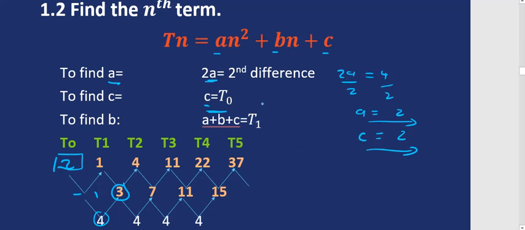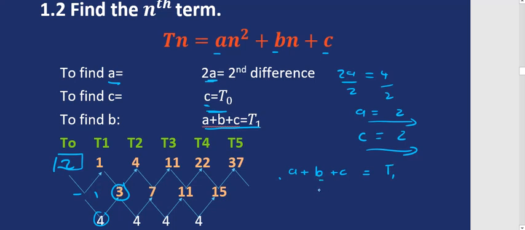And then finally, we work out B. So you start with A and C, and B you work out at the end. This is how you work out B. You'll say that A plus B plus C must equal T1.